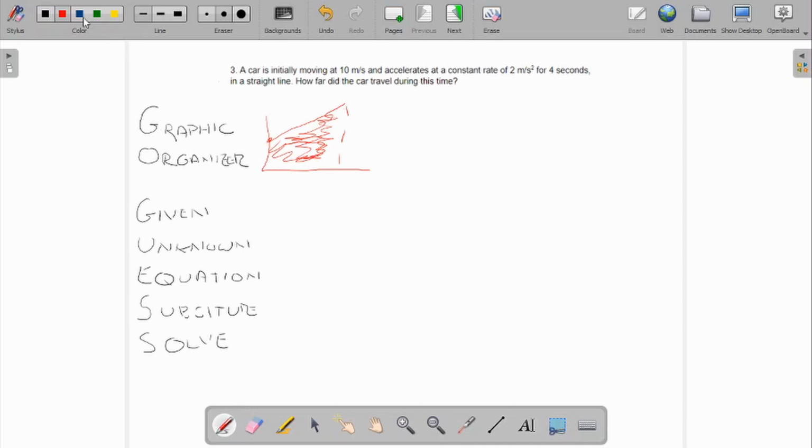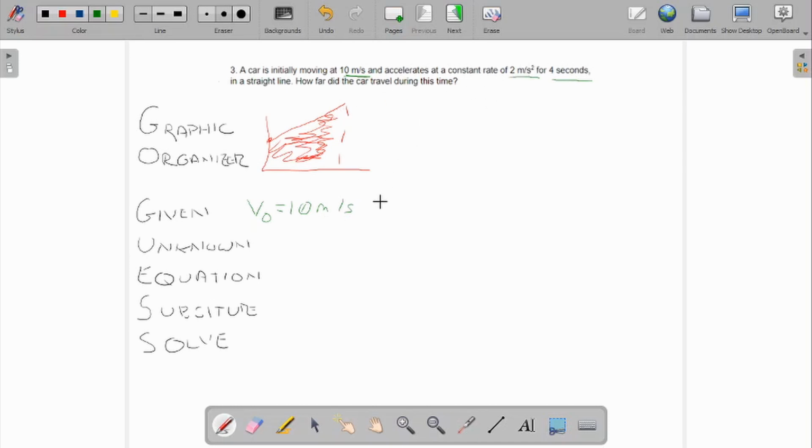So next thing we want to do is go through and find our givens. Any numbers you see: 10 meters per second, 2 meters per second squared, 4 seconds. The 10 meters per second is a velocity. We know because it says meters per second, and it says initial, so that's probably my initial velocity. V naught equals 10 meters per second. 2 meters per second squared.